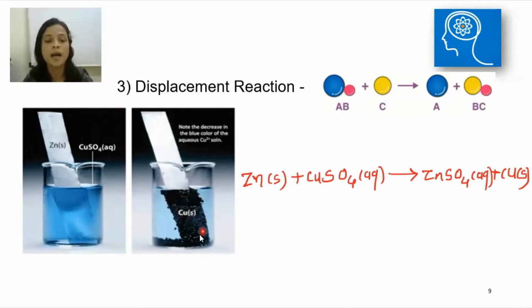These particles are of Cu, copper, which is in solid state. Copper crystals. So where did these copper crystals come from? These copper crystals are present in this copper sulfate solution.